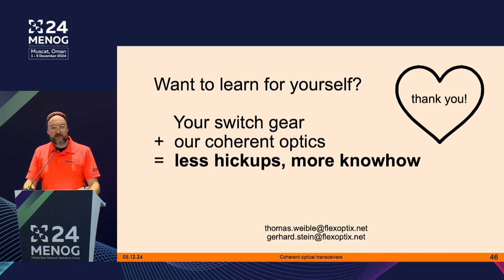And there is one important hint: when you are operating coherent plugs, besides the 5 diagnostic values which I mentioned in the second section, also add the chromatic dispersion and the group delay to your monitoring, because then you can also see changes of your span and your fiber. That's quite handy.